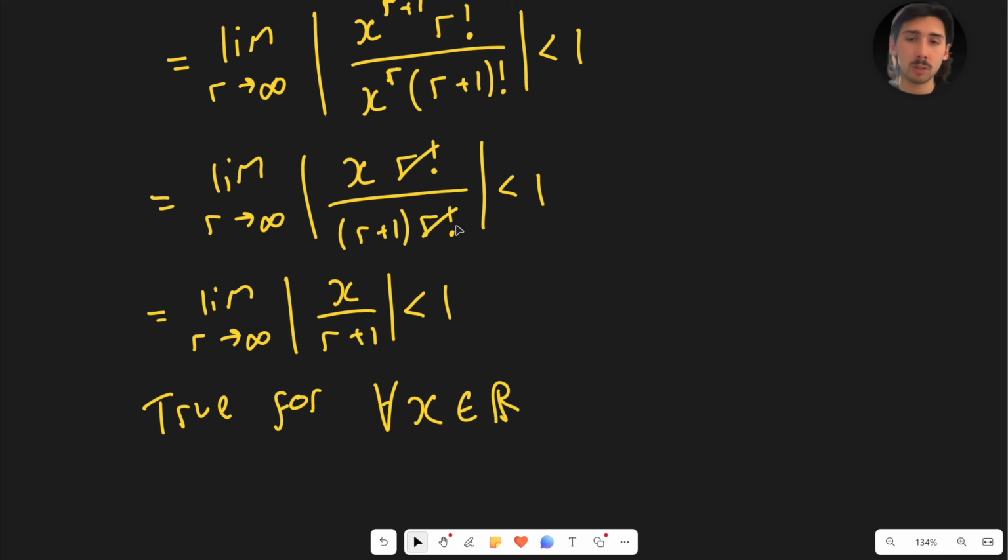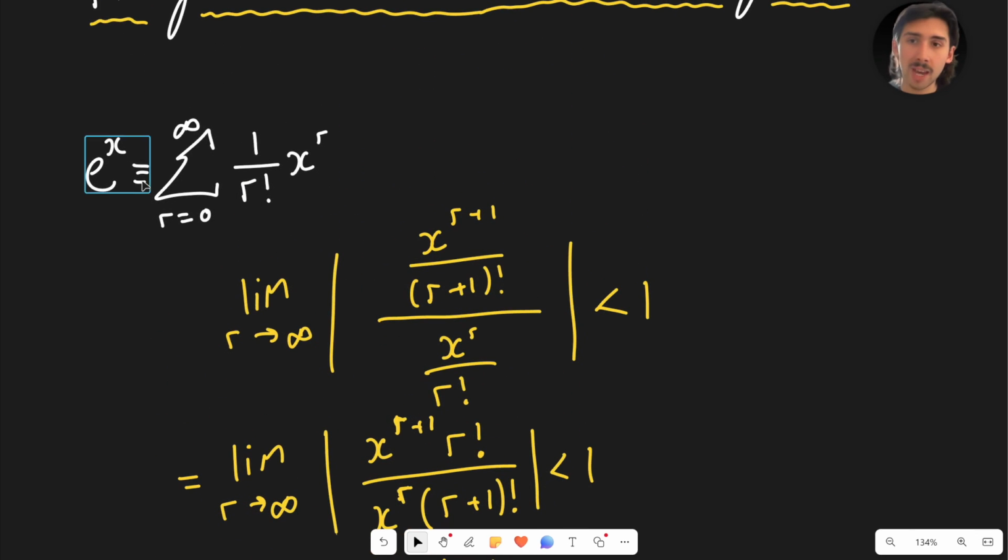That means that the series for e to the x, this one here, is true for any value of x. It's not like a geometric series where if the common ratio is too big, then it will diverge. x can be as big as you want and it will always converge, okay? So what does that mean?